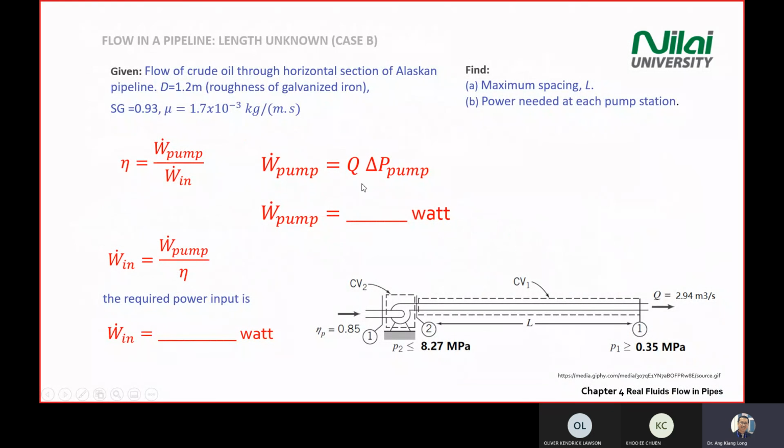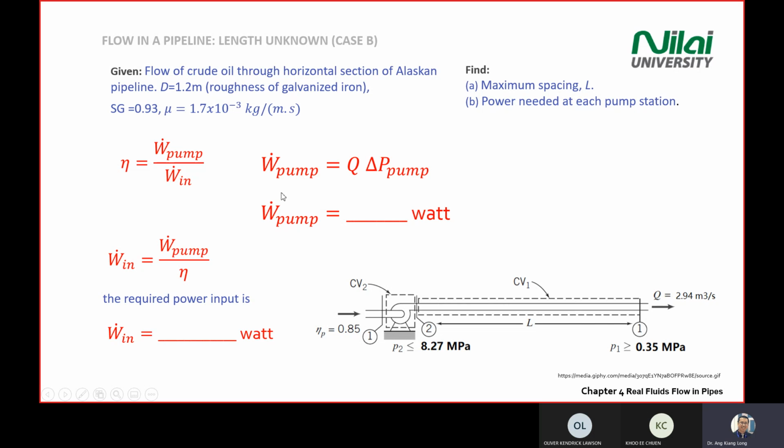So you can see here the pressure difference. The delta P, you take this one minus this one. Clear, Oliver and Ku? The delta P here, you take the maximum pressure minus the minimum pressure. You get delta P. Then you times the volume flow rate.